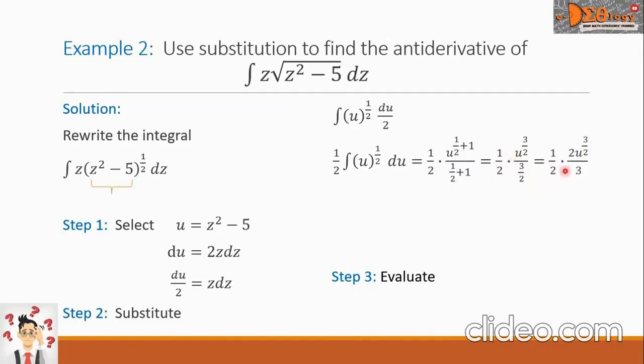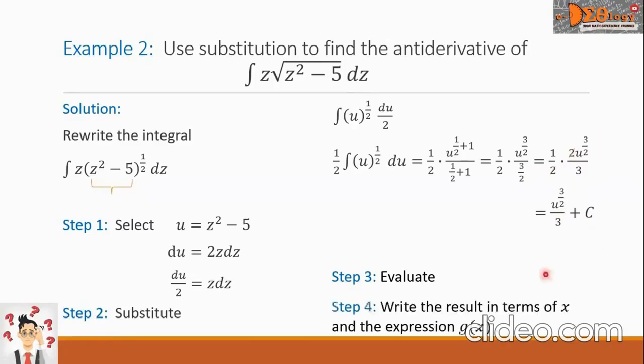So we have 1/2 times 2 u raised to 3 over 2 over 3. We can cancel the 2 and the 2. So we simplify our answer into u raised to 3 over 2 over 3. Then we write plus c.